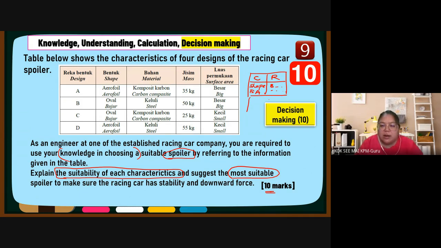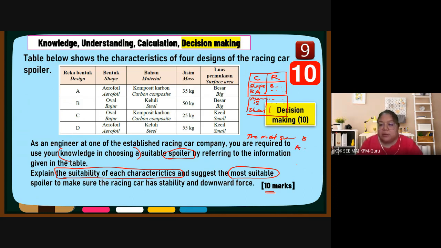The next one, material. You just answer, material is steel. Then give the reason: because. And you continue with the mass. How much mass? I want small. Then the reason. And the last one, surface area, big surface area, then the reason. Finally, you just put a sentence: the most suitable is A. That's all.